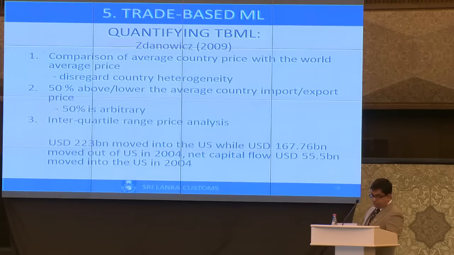They consider that if it is above, that is overvalued. If it is below the 50%, it is undervalued. Another one is interquartile range price analysis, and I will move to the other one.